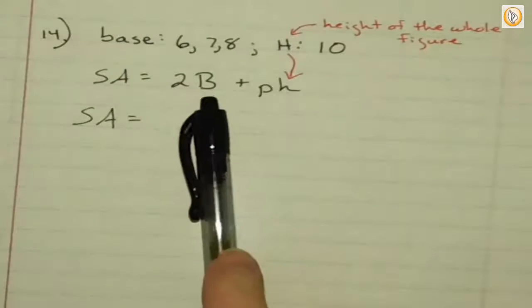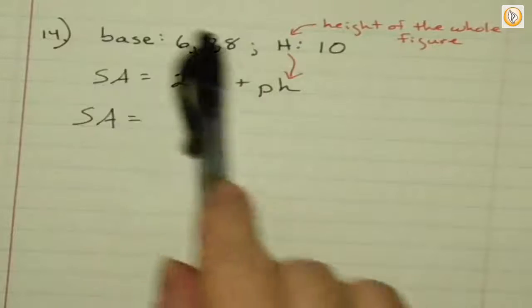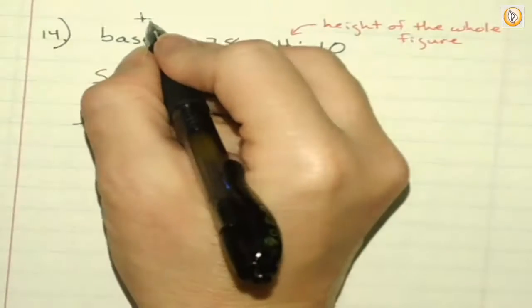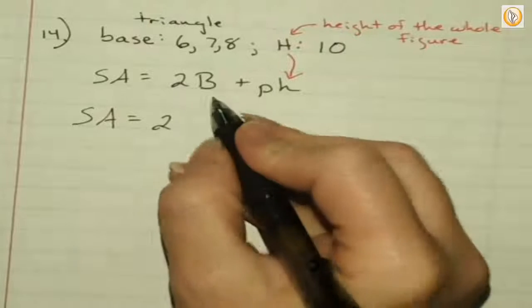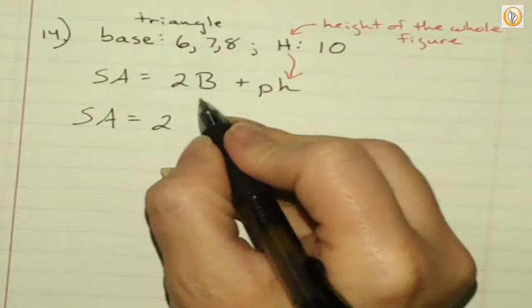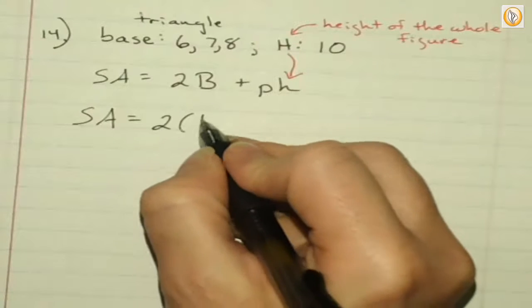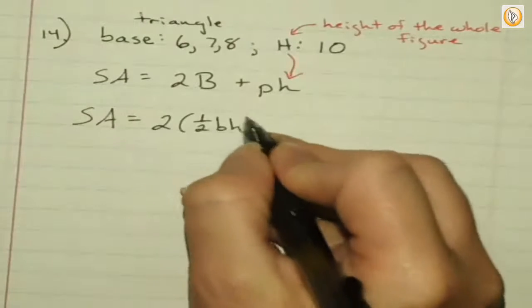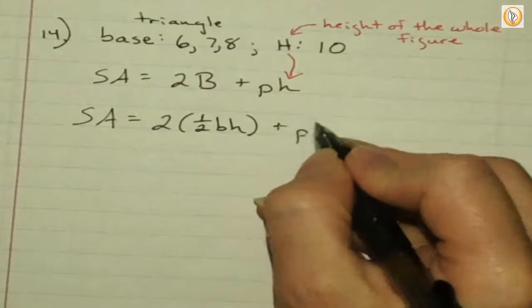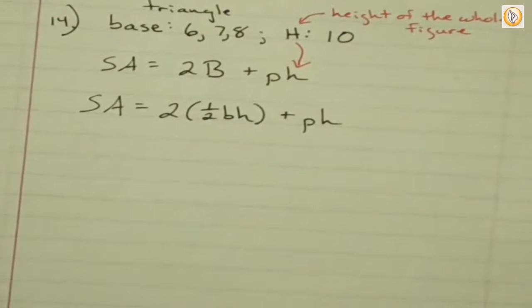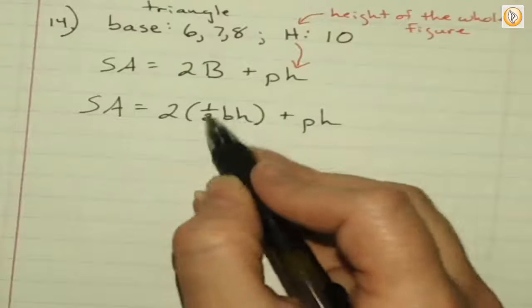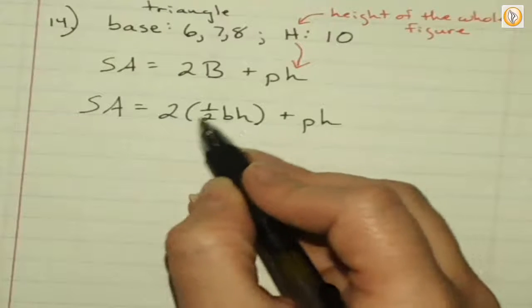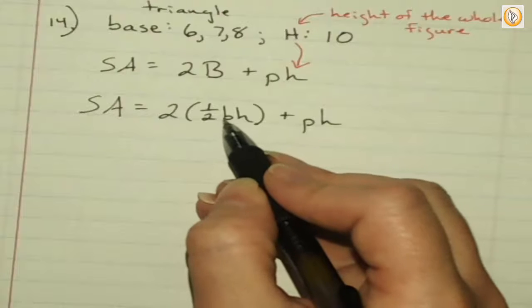So, Michaela, if we're dealing with a triangle here, based on the directions, what would my big B formula be? 1/2 BH. Very good. Plus PH. Because we're dealing with the triangle, the big B's area of the triangle is 1/2 BH.